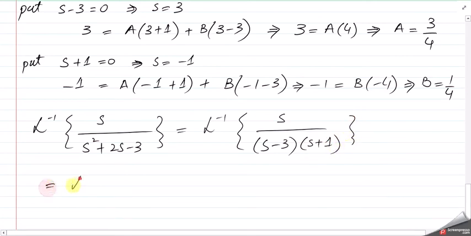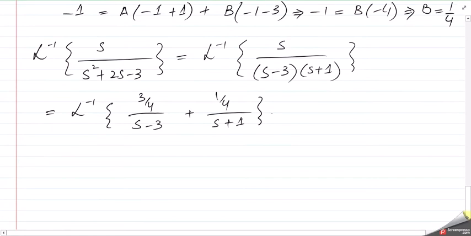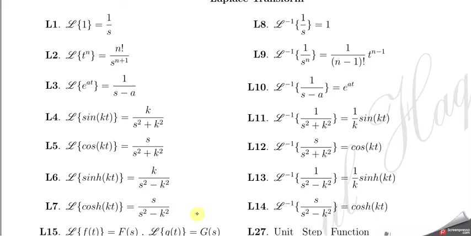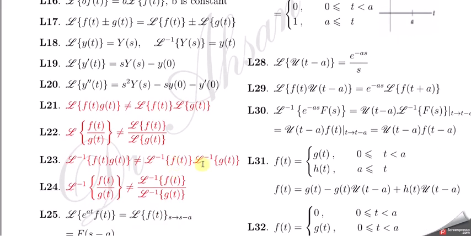And from here we write Laplace inverse of 3 by 4 over s minus 3, 1 by 4 over s plus 1. Now we know that Laplace inverse can be separated over addition. It cannot be separated over multiplication, but it can be separated over addition, just like Laplace.